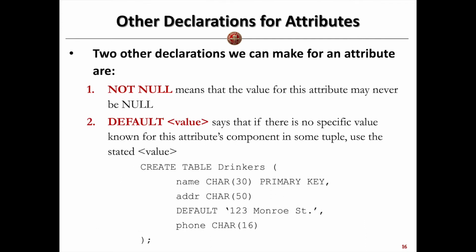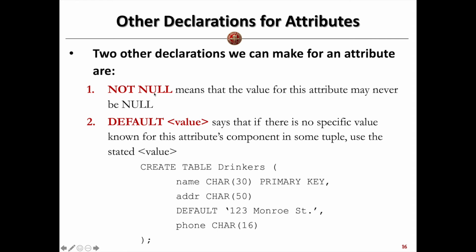Besides the unique and primary key keywords, SQL actually has extra declaration keywords reserved for the attributes. In this page, we want to show two other declaration keywords you can use for attributes in the table creation. The first one is not null.